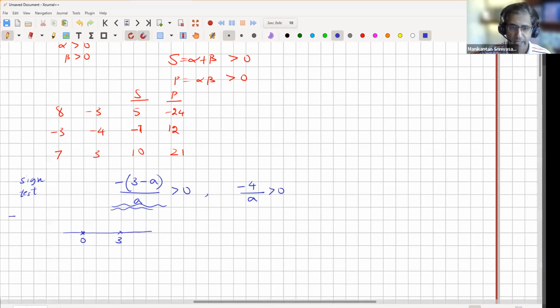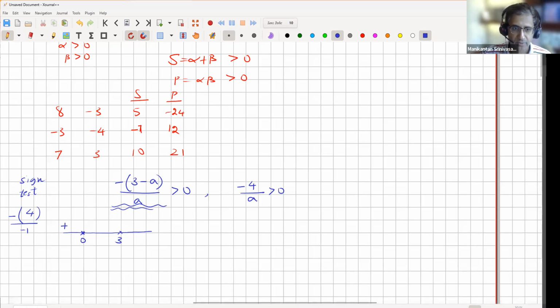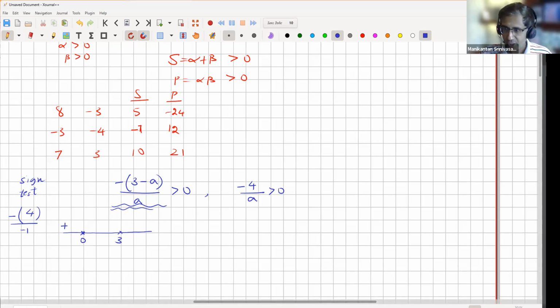If I put a equal to minus 1, the numerator is minus of 3 minus 1, which is 4, upon a, which is minus 1. So effectively it's positive, so the entire quantity is positive here. Generally, it'll flip sign as you cross each boundary.